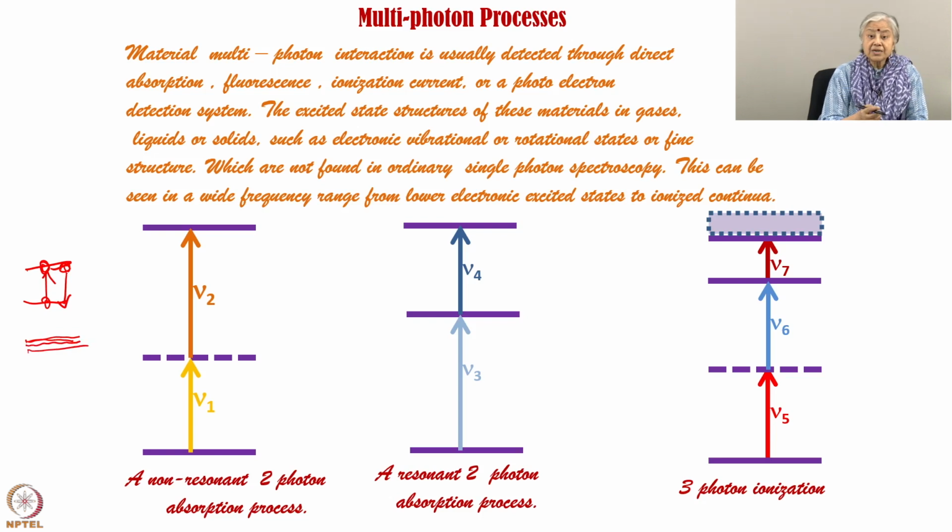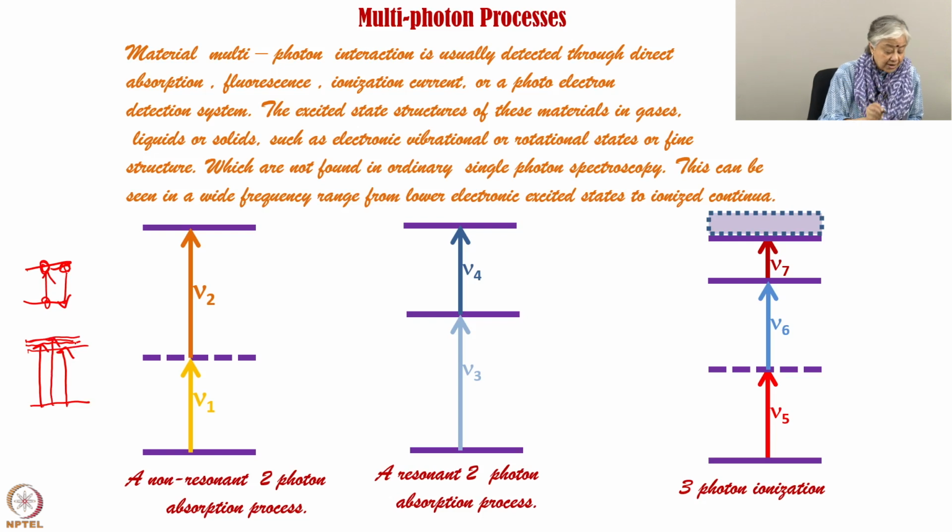So, quite often multi-photon absorption is done, or you can tune the laser. You have a lower level here, and you can have one wavelength which goes up to this level, or the next wavelength which goes up to the top level. So, you can distinguish between these finer levels.